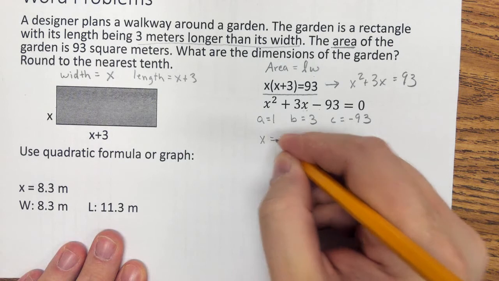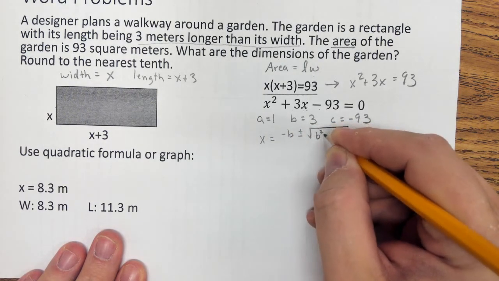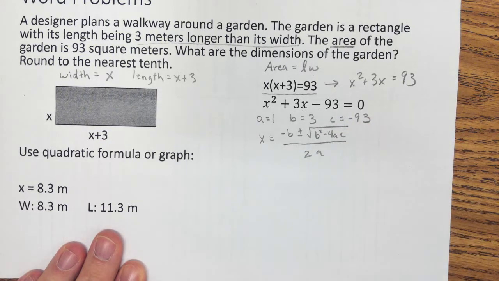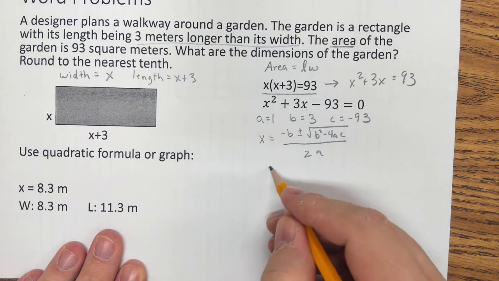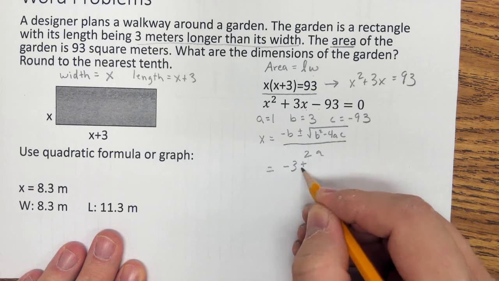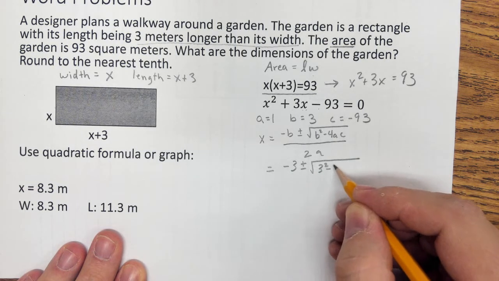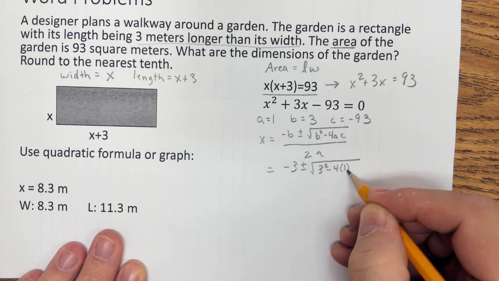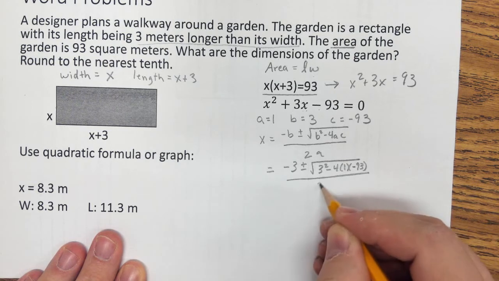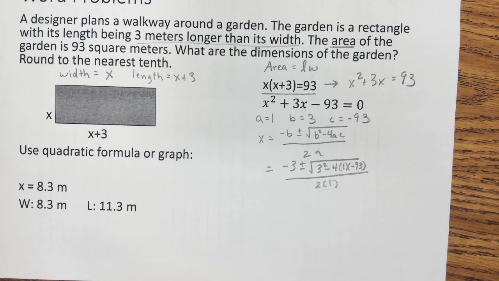Quadratic formula is x equals negative b plus or minus the square root of b squared minus 4ac all over 2a, which means that negative b is negative 3 plus or minus the square root of 3 squared minus 4 times 1 times negative 93 all over 2 times 1. And that is what I'm going to put in my calculator.